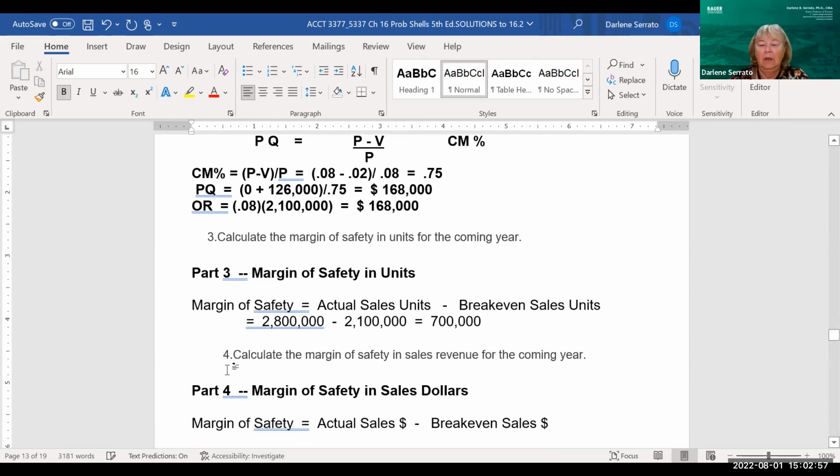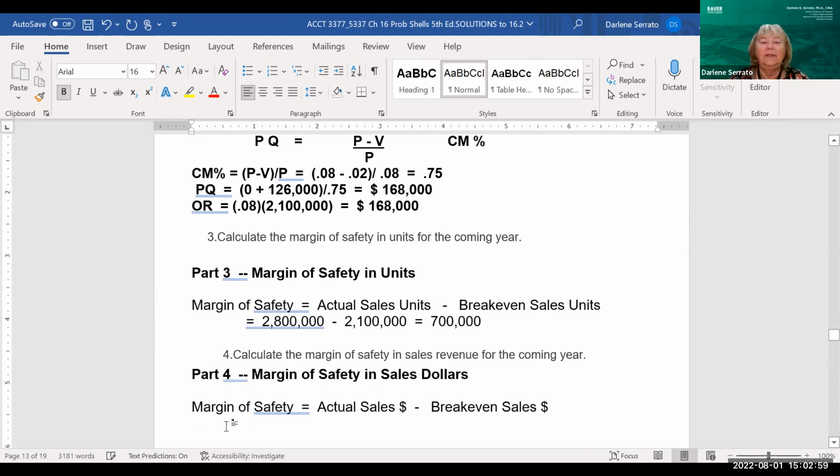Okay. So margin of safety in dollars. Actual or budgeted sales is 0.08 times 2,800,000 minus break even of 168,000.